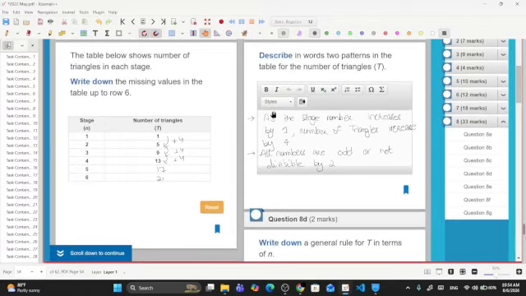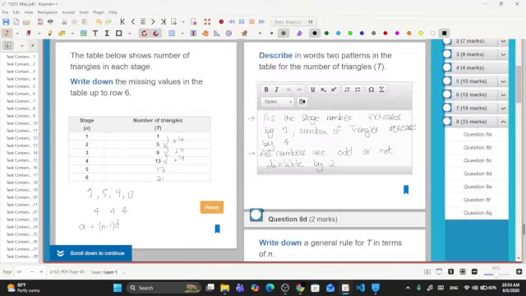Write down a general rule for t in terms of n. So that's very easy. We have 1, 5, 9, 13. A difference of 4 is present in all cases. So we have a plus n minus 1 multiplied by the common difference.